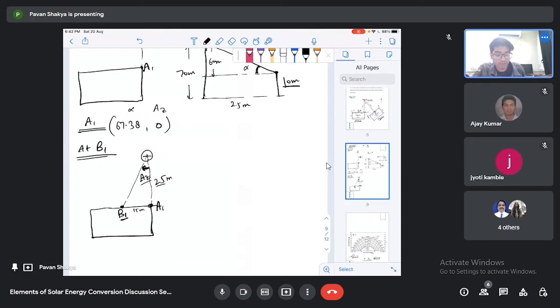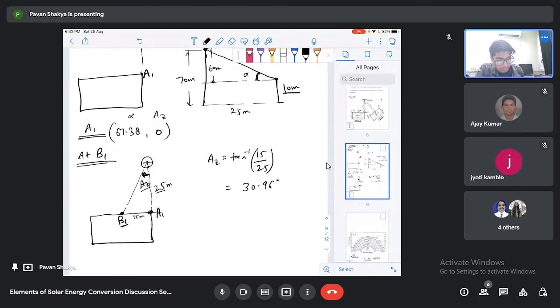Again using the tan rule, we can find that this angle Az will be tan inverse of 15 by 25. When you solve this, you will find that Az comes out to be 30.96 degree. In the starting I told you that towards the west direction we take the azimuth angle as positive. That's why I have taken Az as positive.